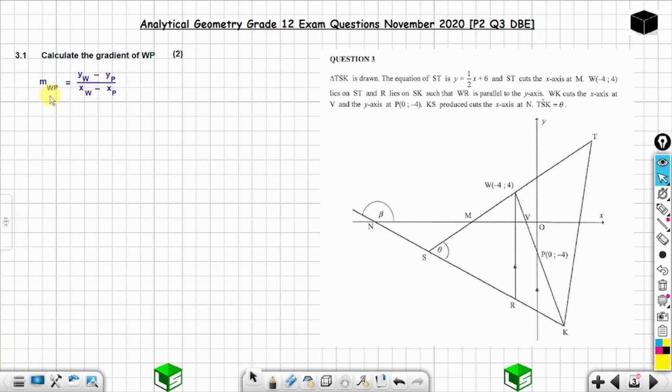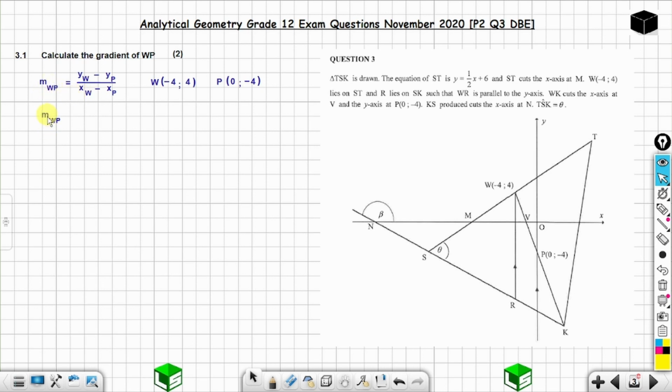I prefer to have it as WP because I'm trying to find the gradient between W and P. The coordinates of W and P are given, so you need any 2 points on the line to find the gradient of the line WP. So we are going to use this formula.